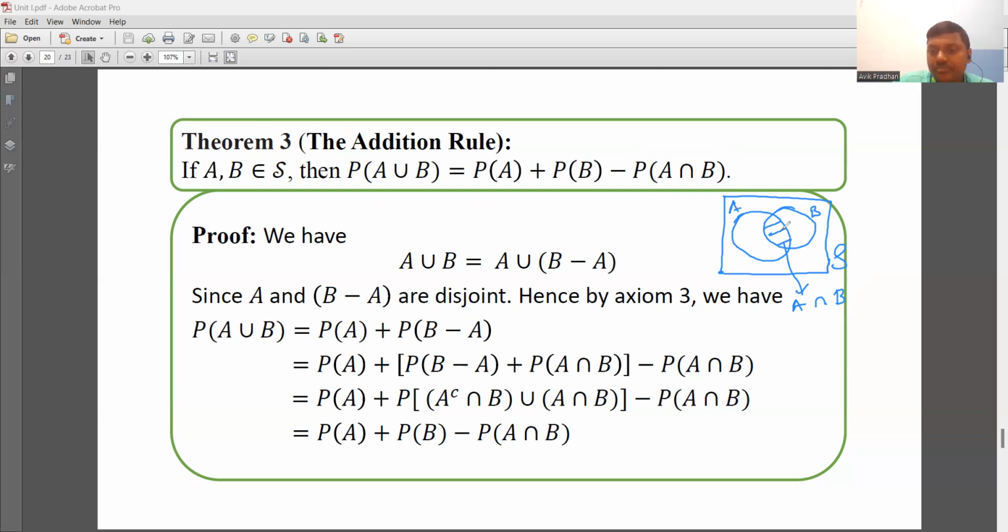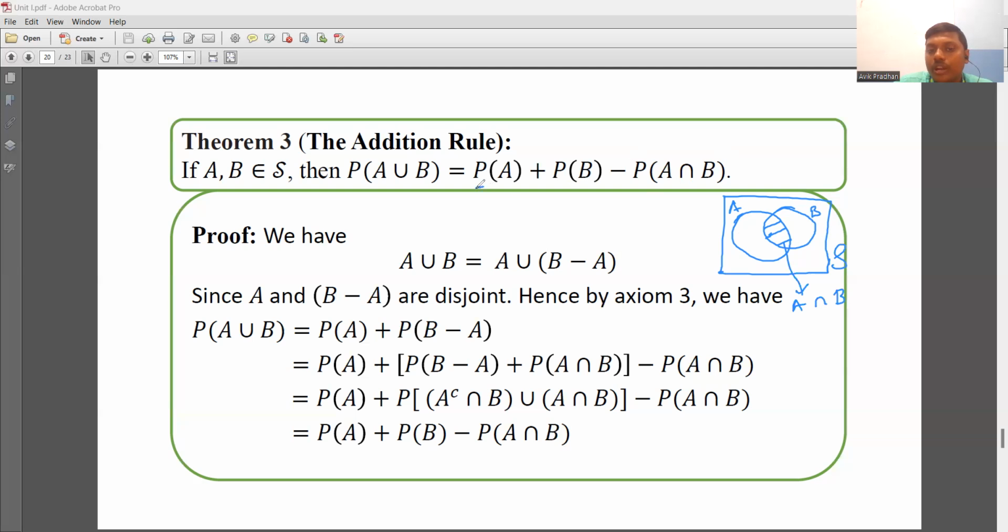So in this context, if I want to find the probability of A union B, that means we are talking about the whole region covered by A and B. So if I am to find the probability of this whole region covered by A and B, then I have to count the probability of the A portion and I have to count the probability of the B portion.